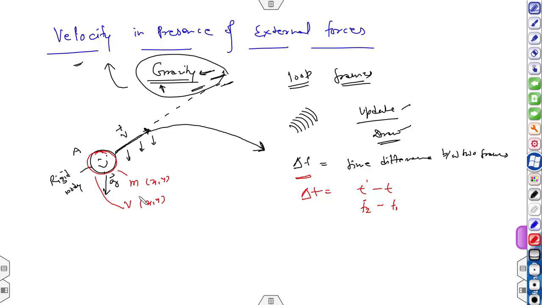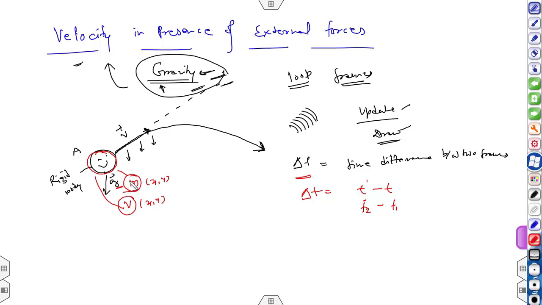So in case of the movement calculation of any character, we have to update the position of the character as well as the velocity of the character in every frame. That is the only reason a character will look animated. So how can we calculate the updated position?